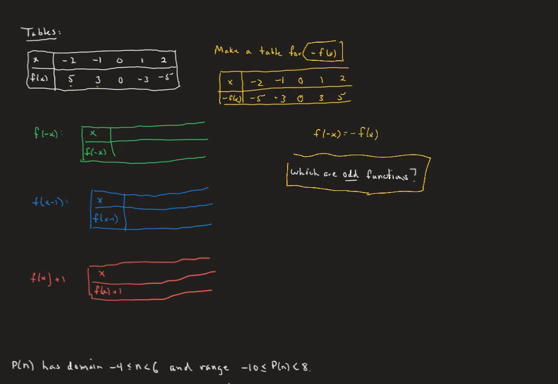So we can see in the original that when you plug in -2, you get 5, and when you plug in 2, you get -5. So when you plug in, say, f of -2, you get the opposite of f of 2.